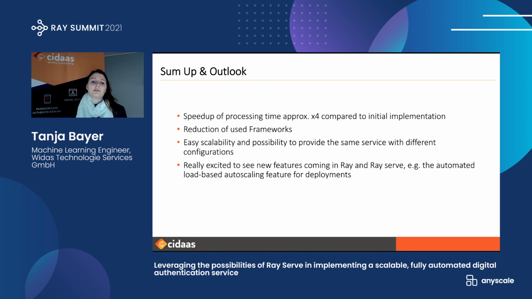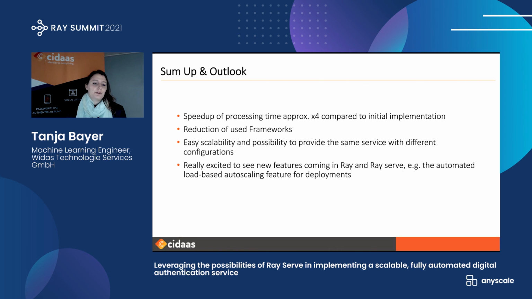Using RayServe also helped us to reduce the number of used frameworks, which also has the side effect that it reduces the effort of maintaining all those different frameworks. And additionally, RayServe also provided us easy scalability for our service, and it also makes it possible to deploy different services with different configurations.